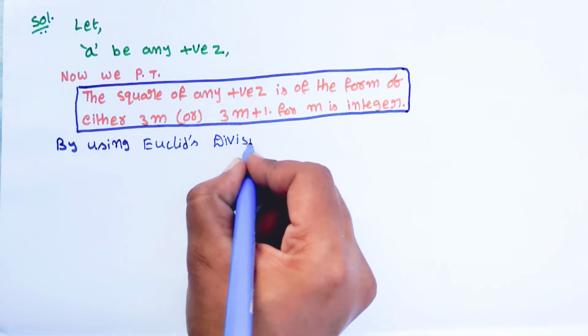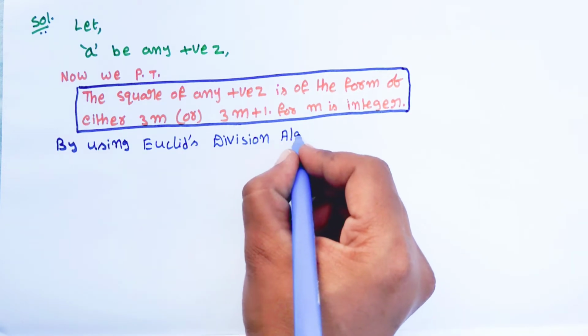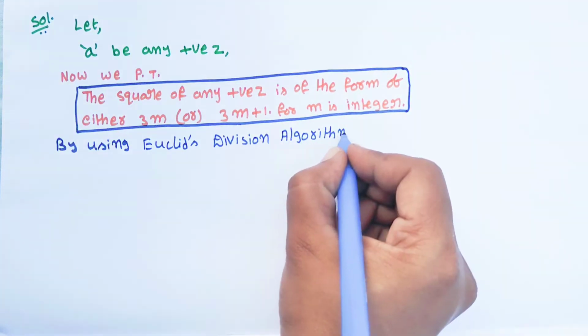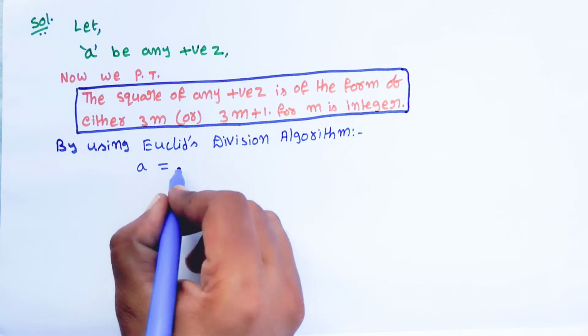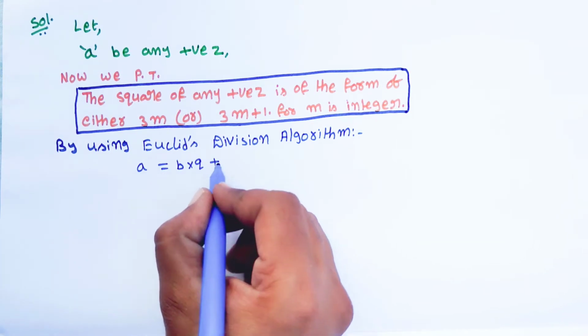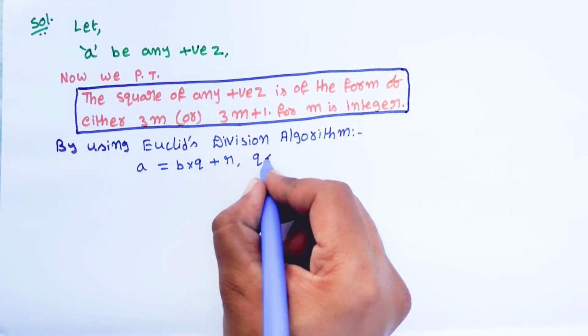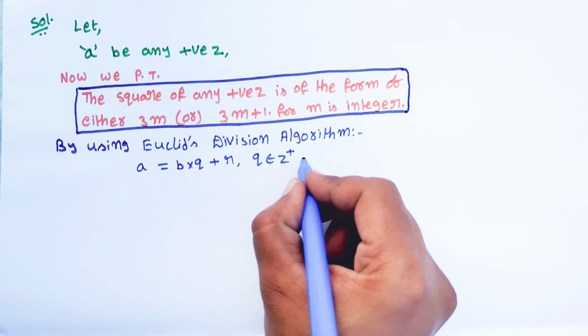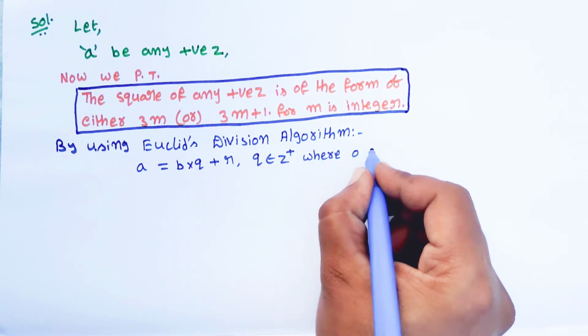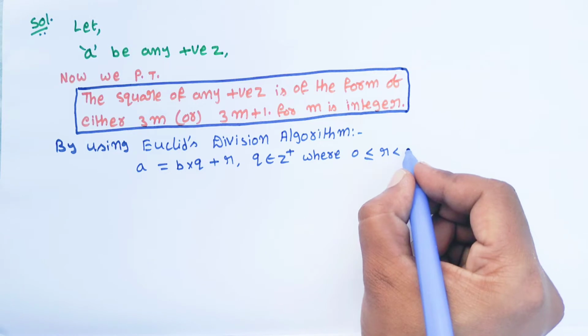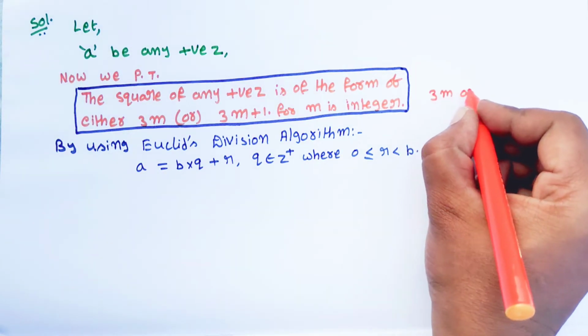By using Euclid's division algorithm, a equals b into q plus r, where q belongs to the positive integers and 0 less than or equal to r less than b.